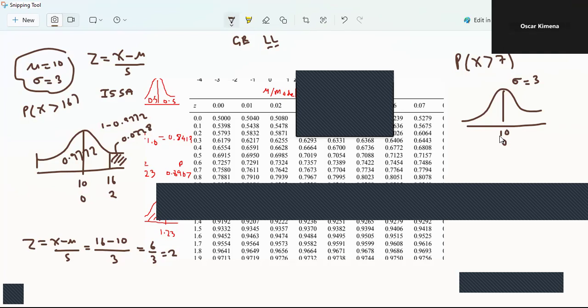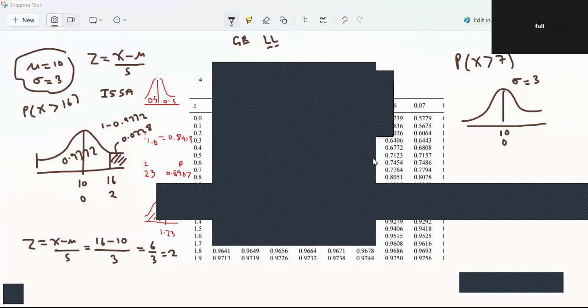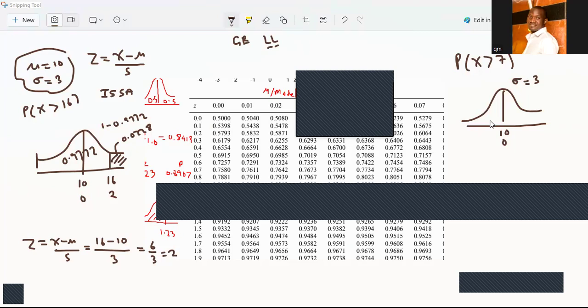On the left side. Okay, left side. Yes. So the left side of what? Of 10. So 7 is there on the number line.